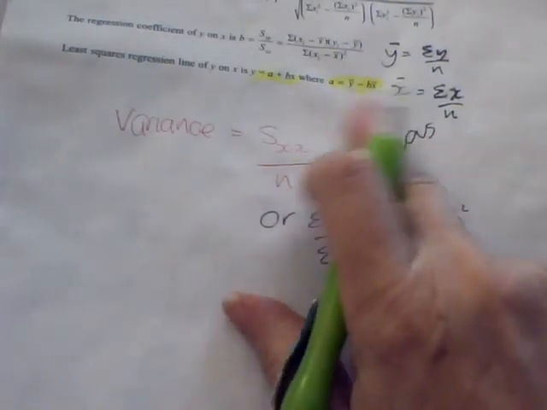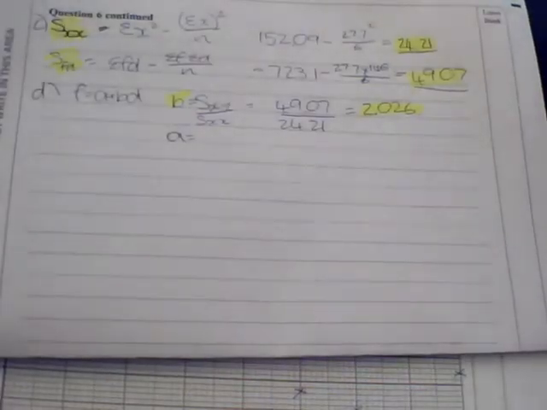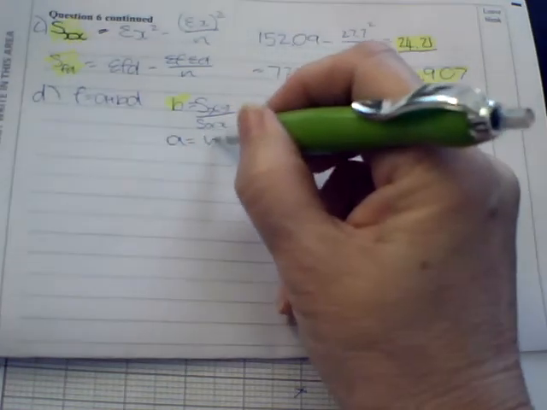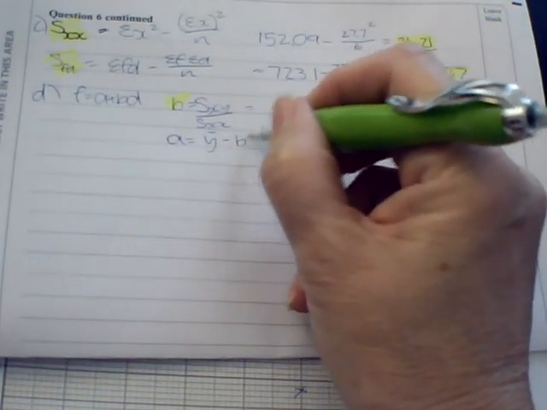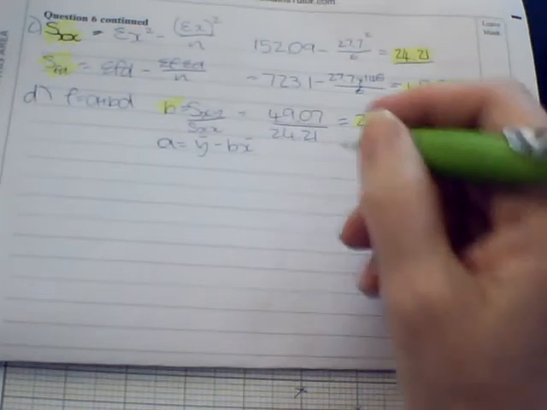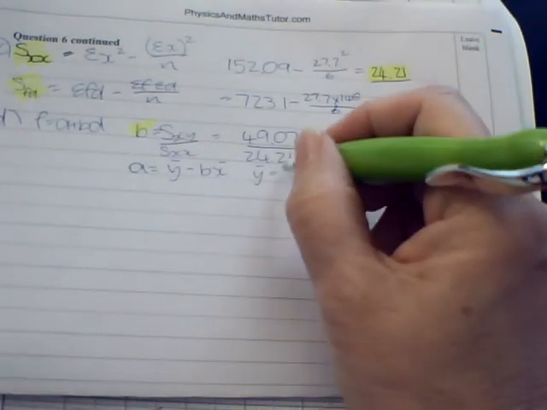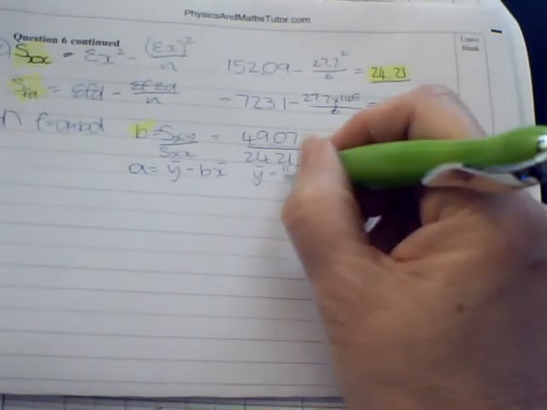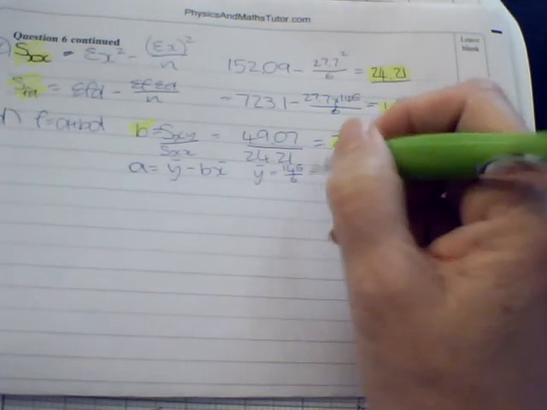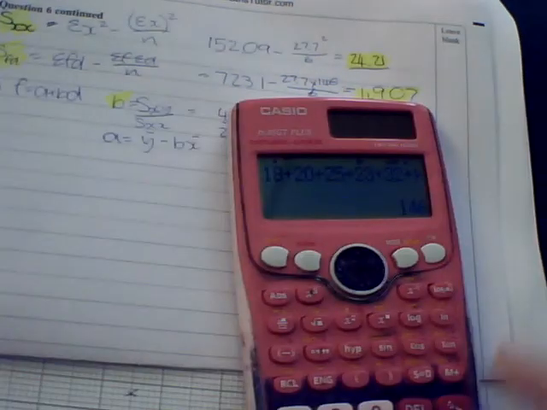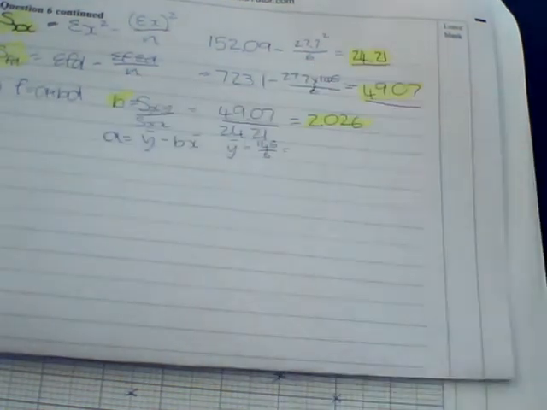A equals, back to our tables, y bar take away b x bar. So let's find out y bar. The average of y is the sum of all of y, which we've added up as 146, divided by 6. So 146 divided by 6 is 24.3 recurring.